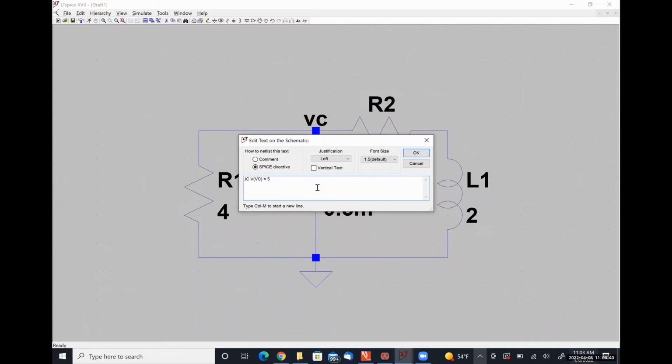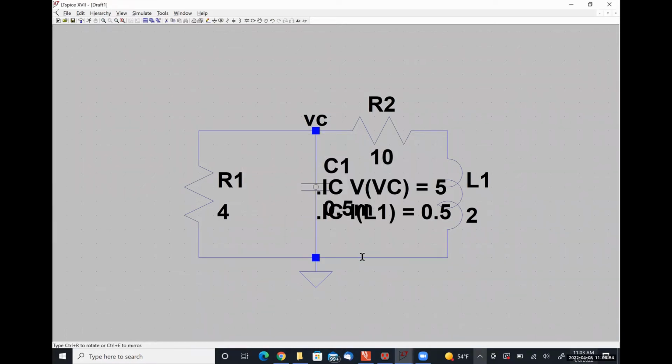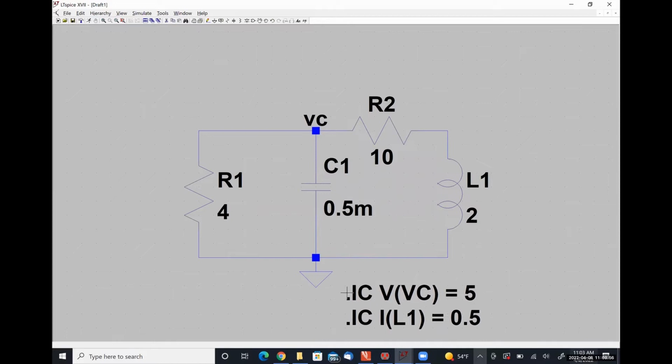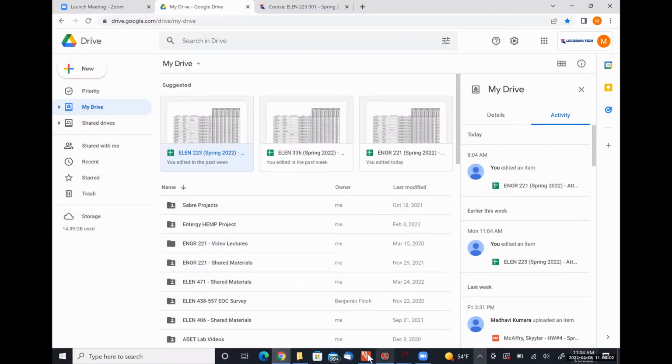So that is equal to 5, IC, IL1, 0.5, like so. And what did we calculate?